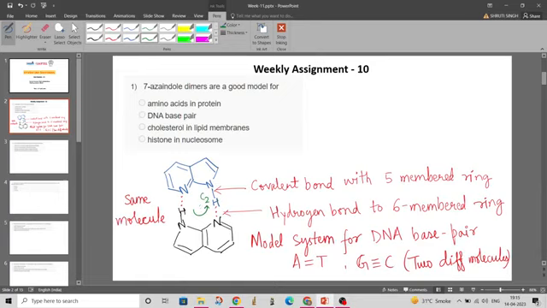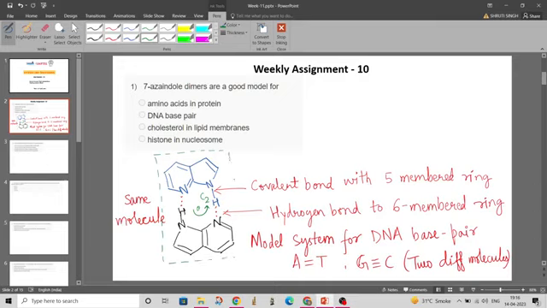And then this is the sigma plane, the plane in which the molecule is there, the plane of the screen.